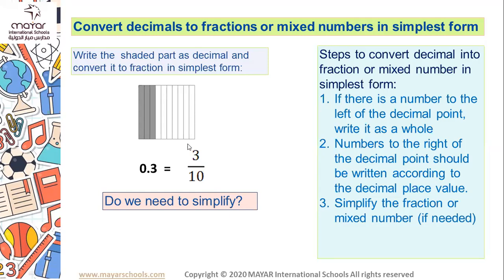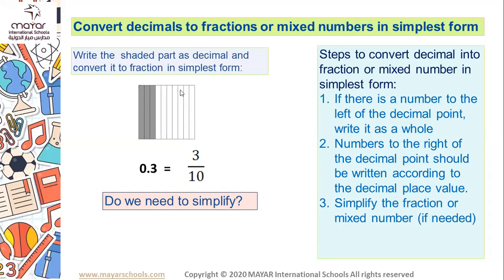You can think, is there any common factor between them? Is there any common factor between 3 and 10? Can you divide them by 2 or 3 or any number? No. Thank you. So it's simplest form.